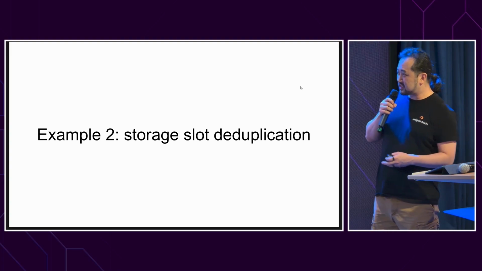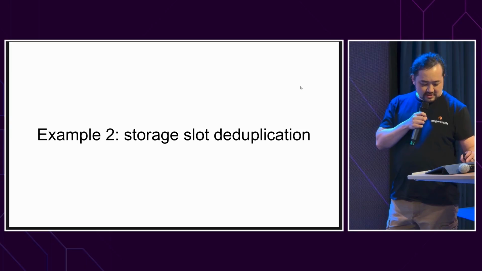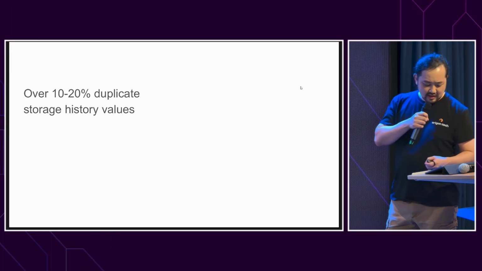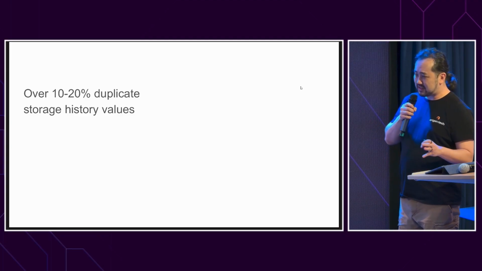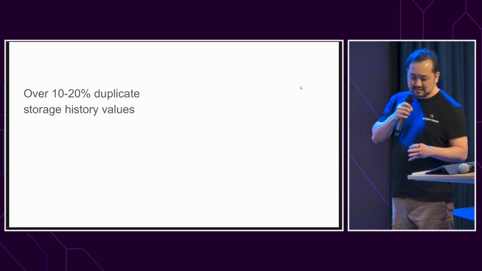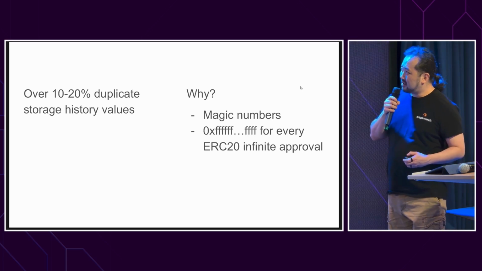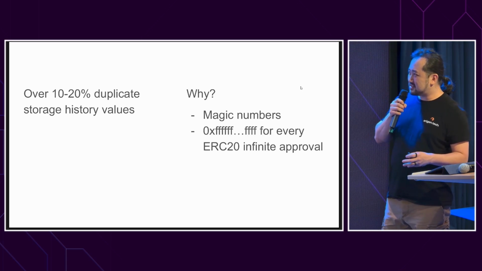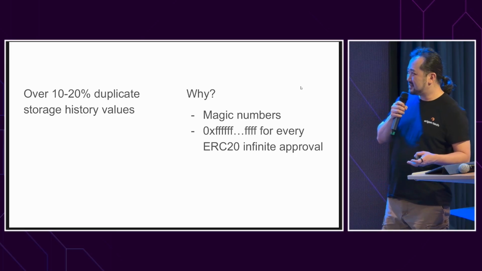I'd like to give another example, which is something that I also have studied recently, which is storage deduplication. One thing I realized while studying chain data is that over 10 to 20% of storage history values are duplicates. Why does that happen? Thanks to standards, in real-life data we have a lot of magic numbers stored on-chain.